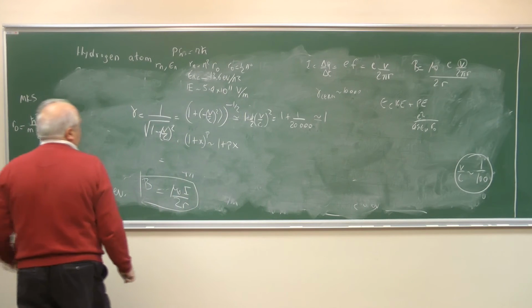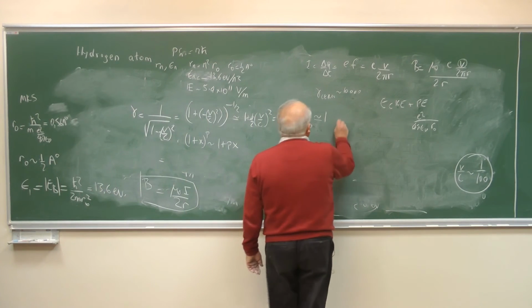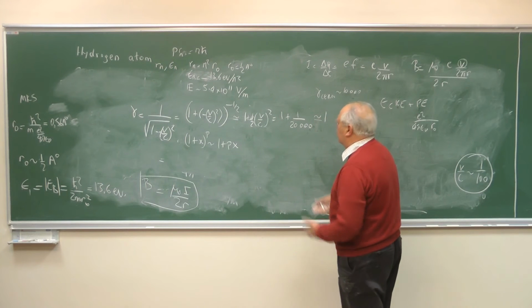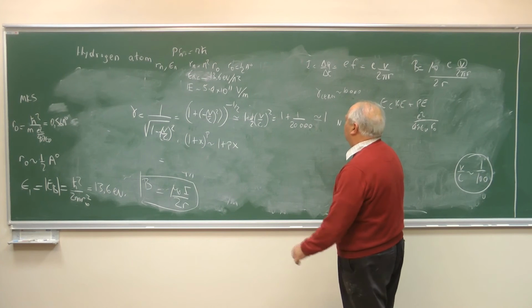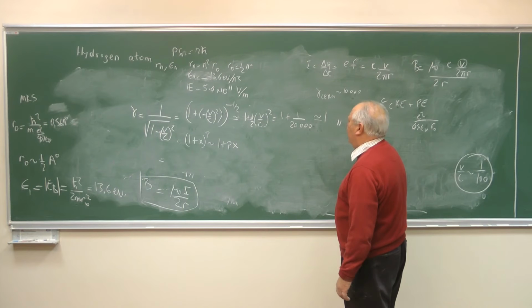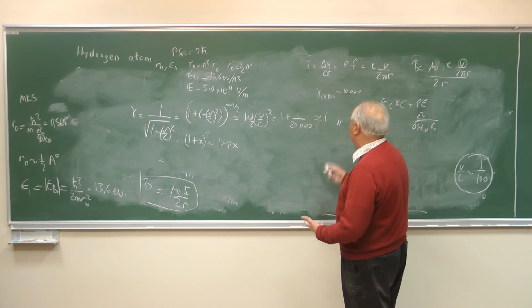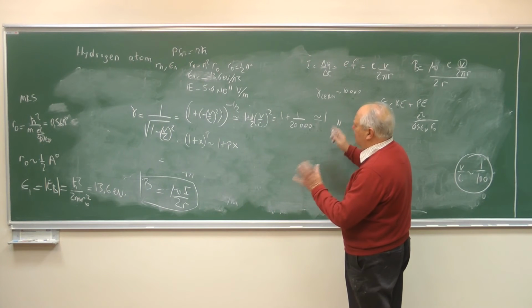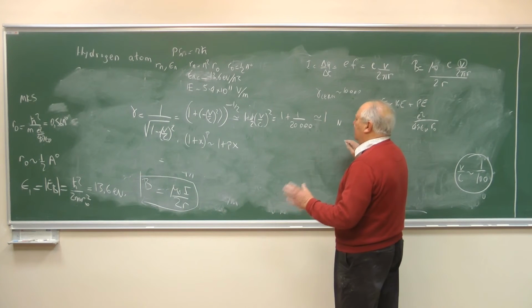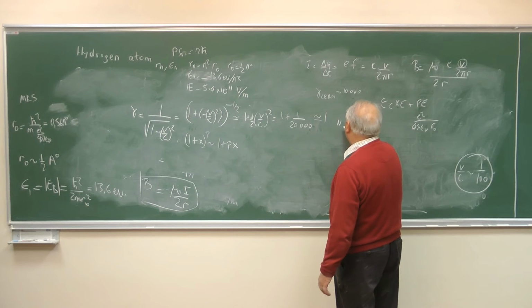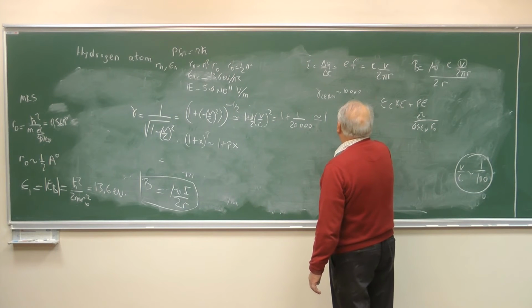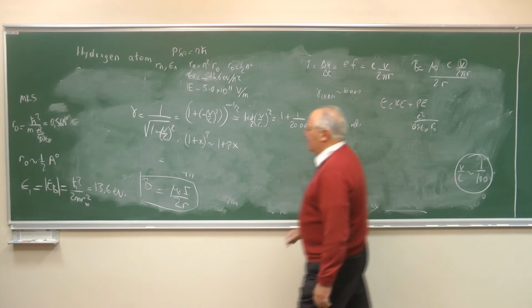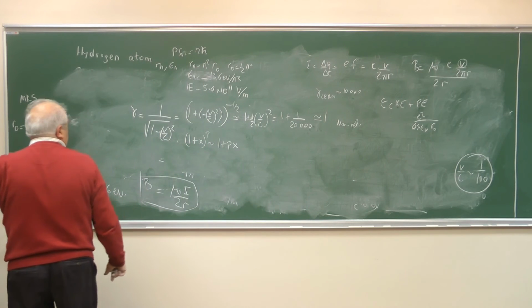So it is non-relativistic. Of course, if you look with very sensitive equipment, you will observe relativistic effects. But we are just doing thumb rule estimations. So it is non-relativistic for our purposes. So don't worry about relativity.